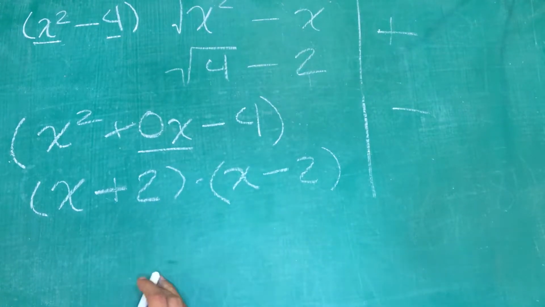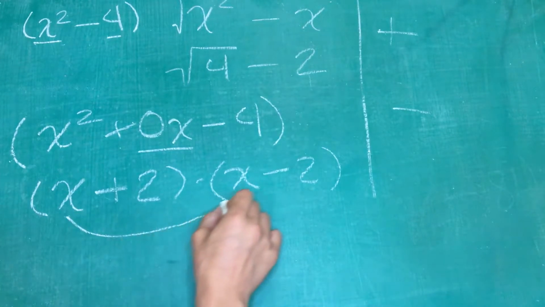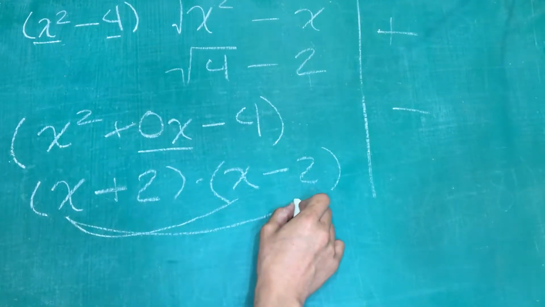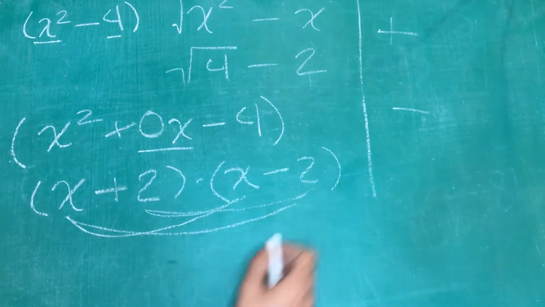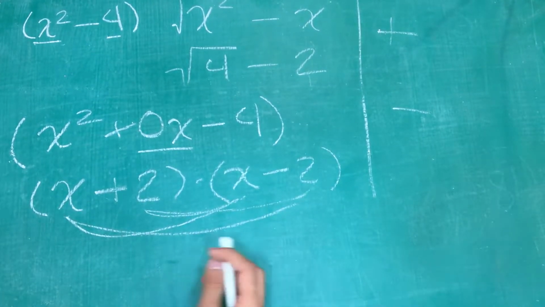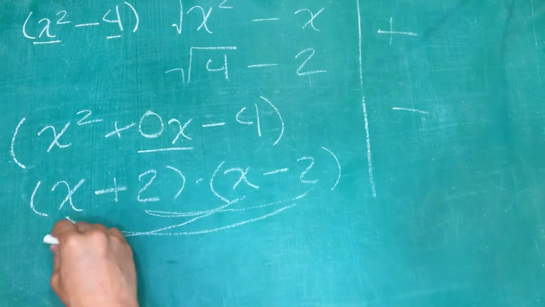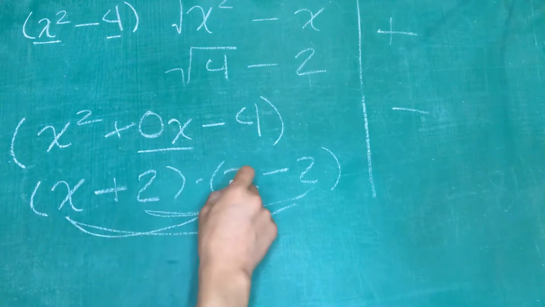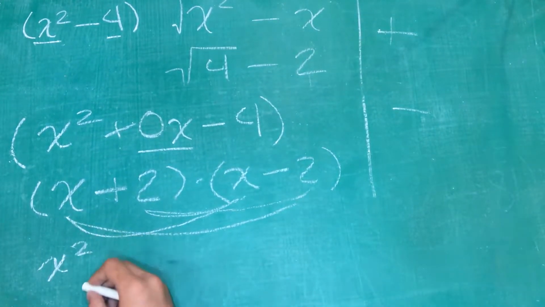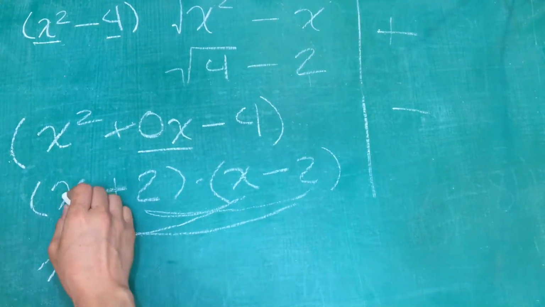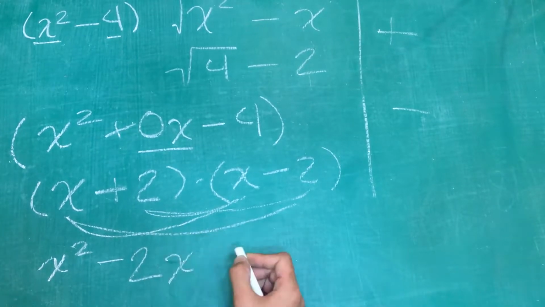Let me show you what I meant before. If we do the distributive property and multiply x times x, x times negative 2, 2 times x, as well as 2 times negative 2, we will see that the x's will cancel at the end. Don't believe me? Let's see it. If we multiply x times x, we get x squared. We'll multiply x times negative 2, we get negative 2x.